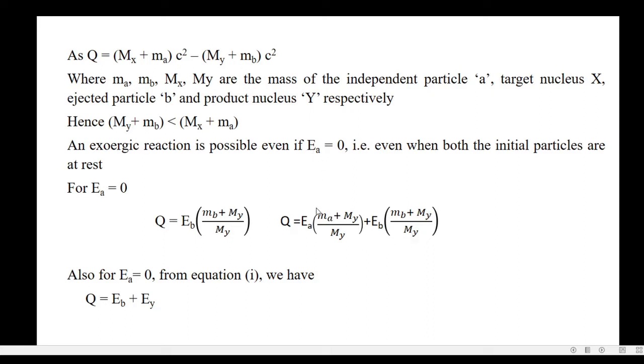If we substitute Ea is equal to 0, then this term becomes 0. Then Q is equal to Eb into (Mb plus My) by My. Also, for EA is equal to 0, then the equation 1 becomes Q is equal to EB plus EY.